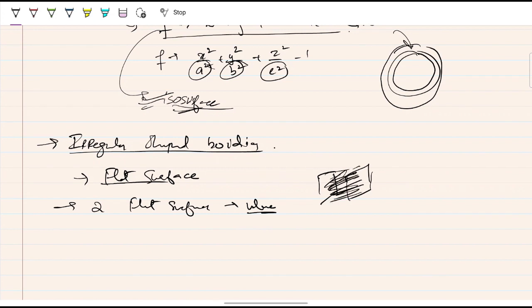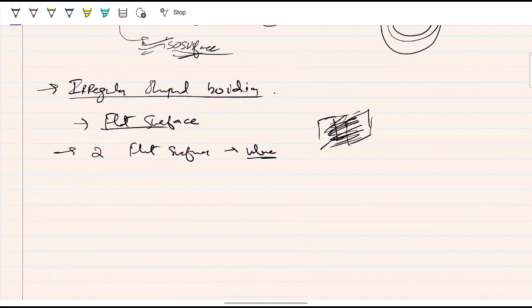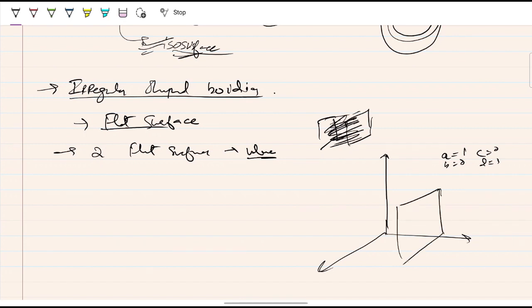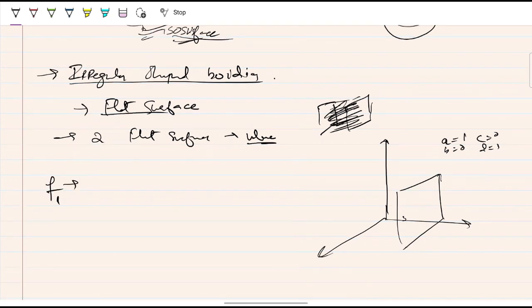So let's assume we have two flat surfaces. First, one flat surface given by a equal to 1, b equal to 0, c equal to 0, and d equal to 3. So this is the plane at a distance of 3. The function for flat surface 1 would be ax plus by plus cz minus d.